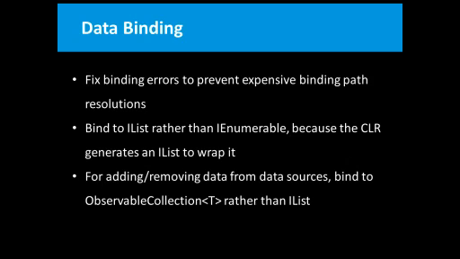With regards to data binding, it's very important to fix binding errors. Very often styles cause binding errors, especially when you change the name of a column or the name of a property in your view model. Very often your styles just don't follow, and that causes binding path exceptions, which are quite slow.